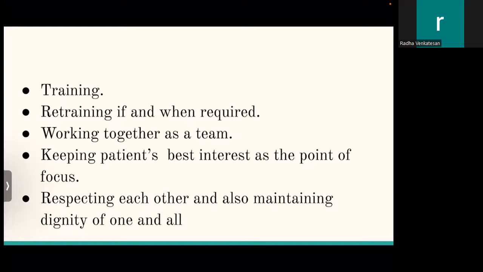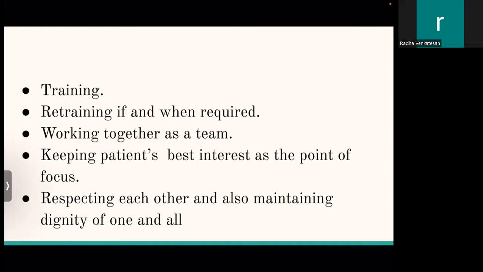First, by undergoing training, which is what all of you are doing now. Then retraining if and when required. We train, and down the line we find, oh, I need some more training, I'm not up to the mark. So you can go back, do some retraining, and work together as a team.